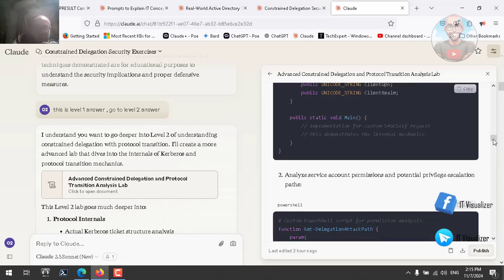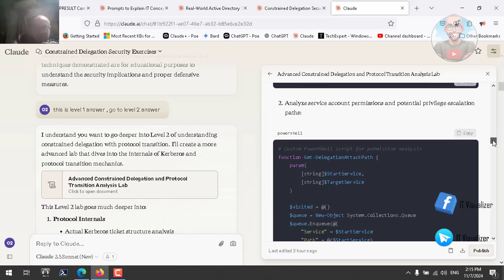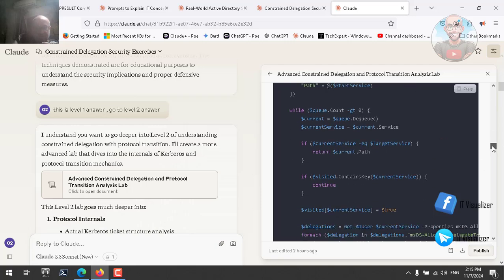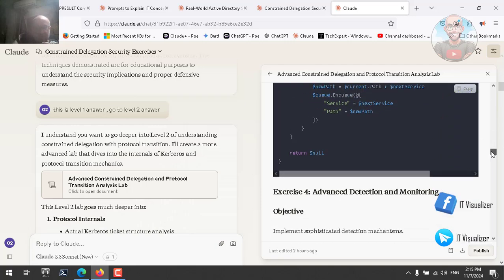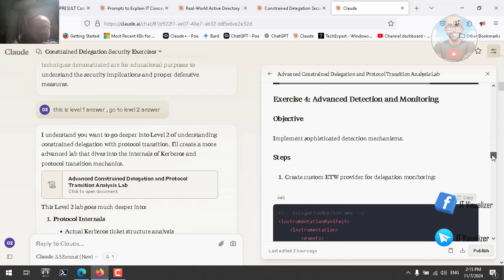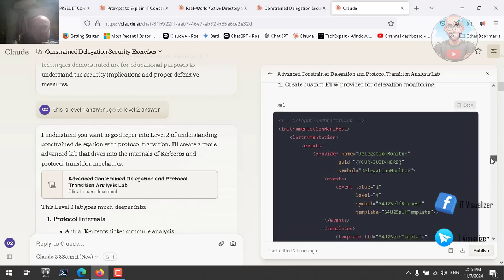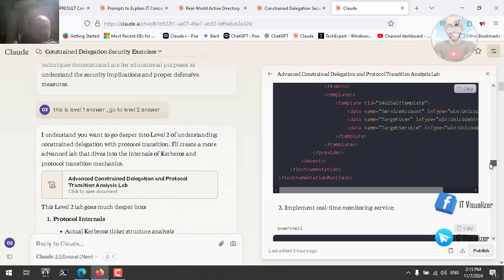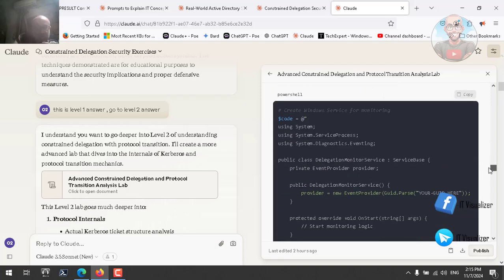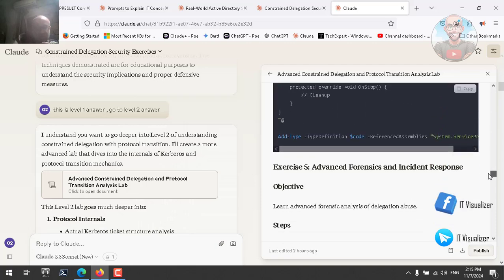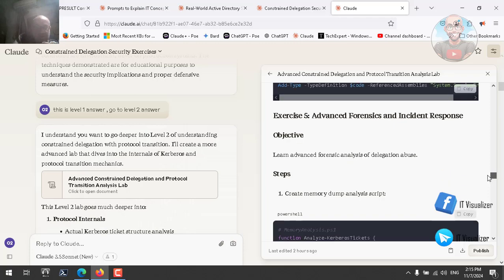Analyze service account permissions and potential privilege escalation paths. Here we can see another custom PowerShell script, then advanced detection and monitoring, custom ETW. I don't know actually what these tools are. Implement real-time monitoring, and exercise advanced forensics and response.